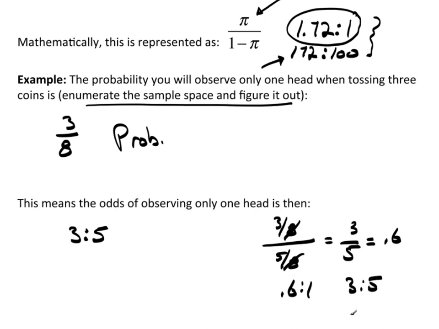To me, that makes a lot more sense. It's much easier to interpret. This is saying for every 3 times you see a head, 5 times you don't. That's a single head. So this 5 will represent no heads, or 2 heads, or all 3 heads. That's everything else. So the odds are 3 to 5. I think that's the better way to write it.